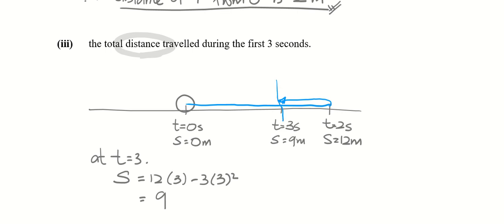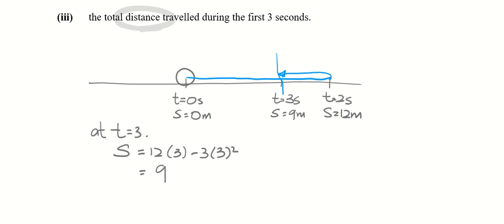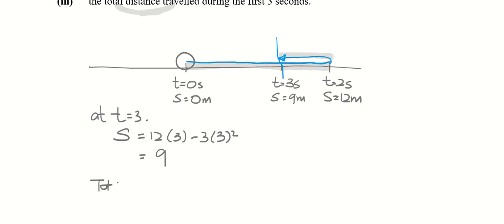Now let's calculate exactly how to find the distance. The distance traveled should be this whole stretch added to this stretch over here. The total distance traveled is 12 meters all the way to the point where we turn, which is stage 1, 12 meters.